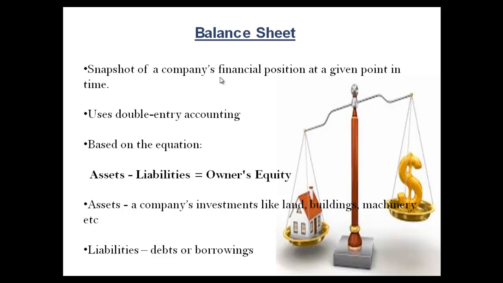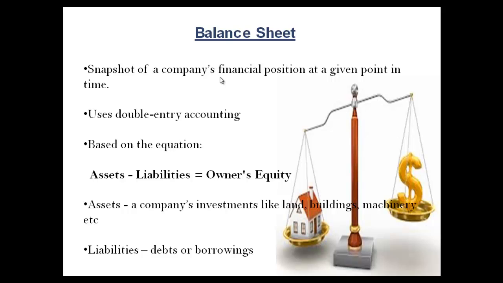It is based on the simple equation assets minus liabilities is equal to the owner's equity. What are assets? Assets include a company's investments like land, buildings, machinery, etc. What are liabilities? The liabilities are the debts or borrowings of the company.